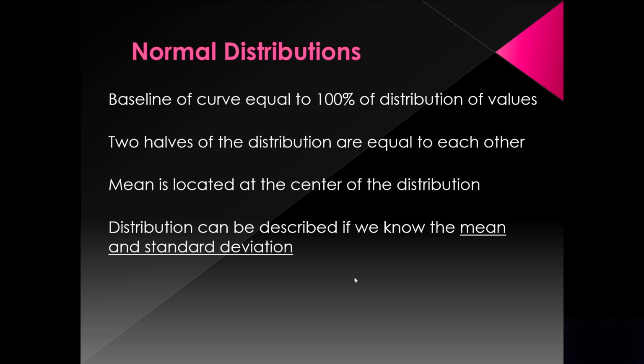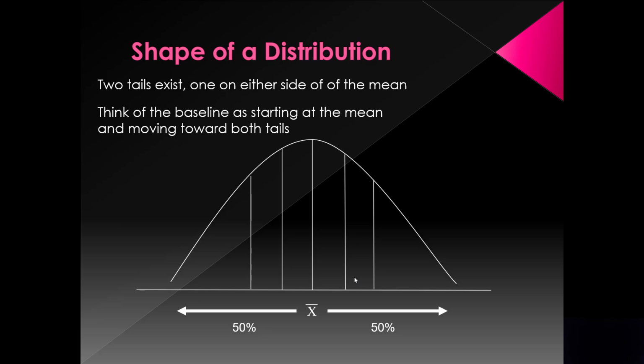The two halves of the distribution or the curve are equal to each other. The mean is dead center in the curve or the distribution. And most importantly, the distribution can be described if we know the mean and the standard deviation, which is the whole point of this lesson.